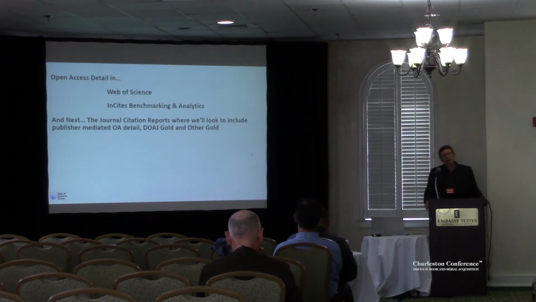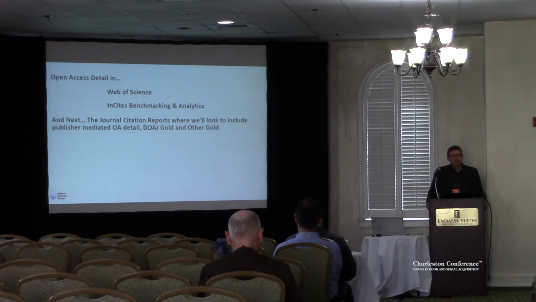And just a comment about some other things we're doing. I talked about Web of Science, talked about InCites Benchmarking and Analytics, and I'll go live into those resources. But we'll also bring some open access data into the Journal Citation Reports. This is in development, and at least our intent today is to stick to what we call publisher-mediated OA statuses: gold, DOAJ gold, hybrid gold kinds of things, and probably other gold as well.